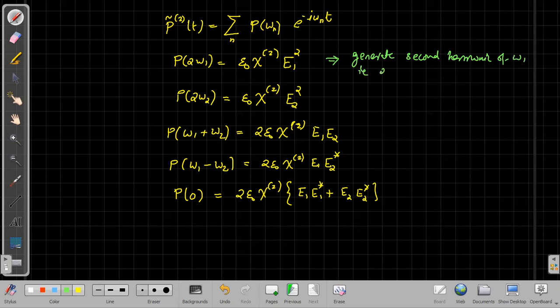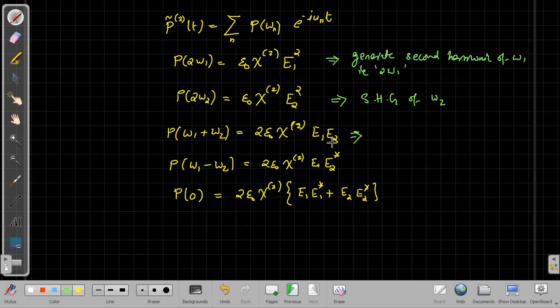So that means it will produce 2 omega 1 frequency. Now this second term, P of 2 omega 2, will generate the second harmonic of omega 2. So it will generate 2 omega 2. So it's second harmonic generation of omega 2.